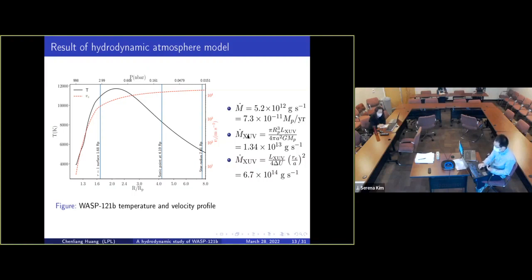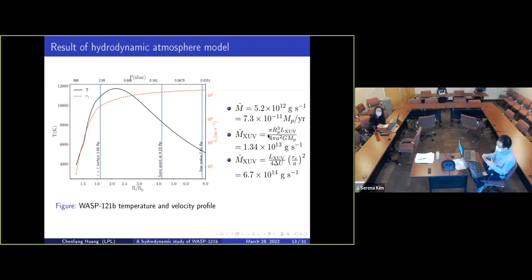I'd like to compare this mass loss rate with the energy-limited escape rate. There are two methods to calculate this rate. Most people use this formula, which is simpler. L_XUV is the Lyman continuum luminosity.